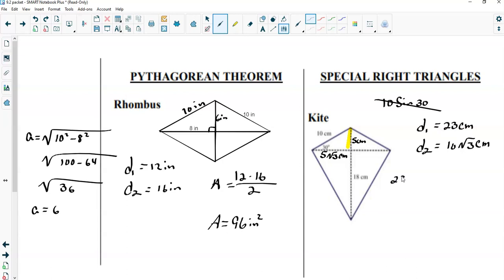So 23 times 10 square root of 3, all of that divided by 2. So that's 230 square root of 3 divided by 2. And 230 divided by 2 is 115 square root of 3 square centimeters. And this is the actual measure according to those numbers, right? That's the area. And there you have it.